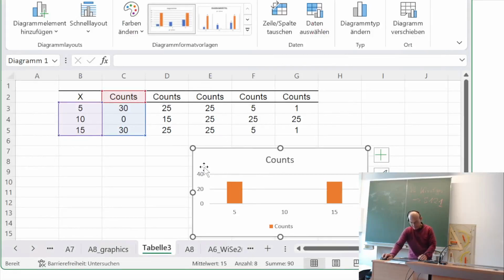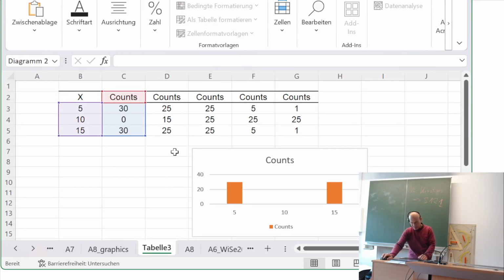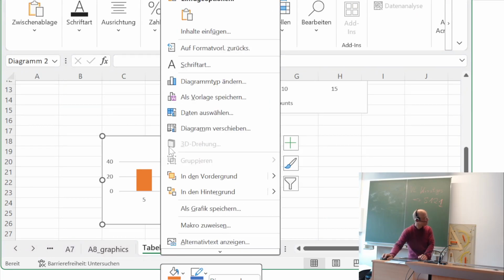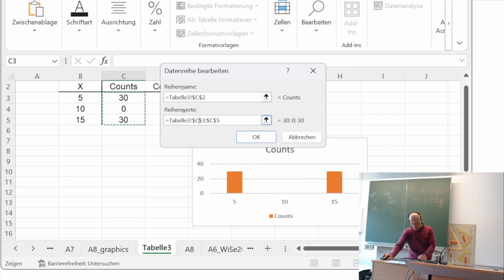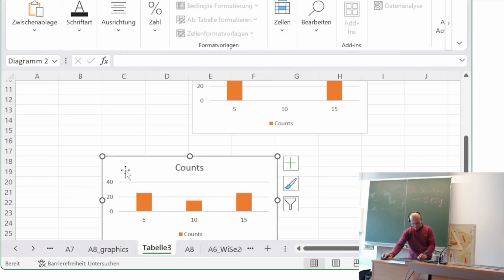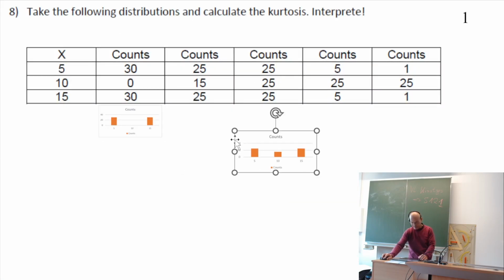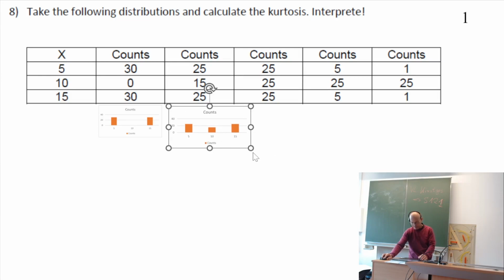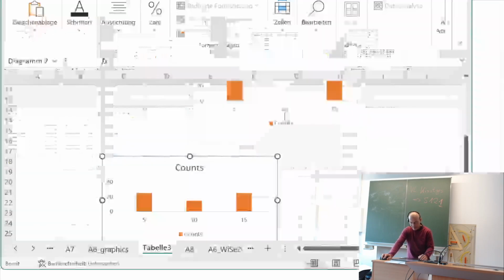So the next one, let's copy this. There we have to change from C to D. Data. D. This would look like this. 25 would mean everything has the same.